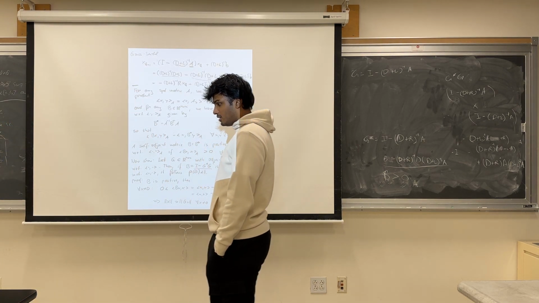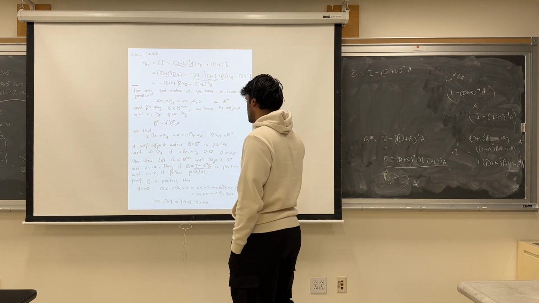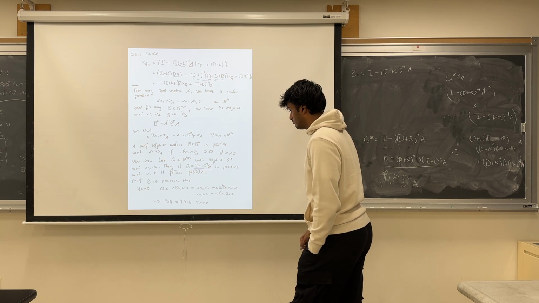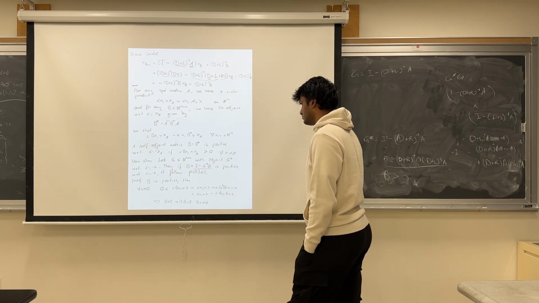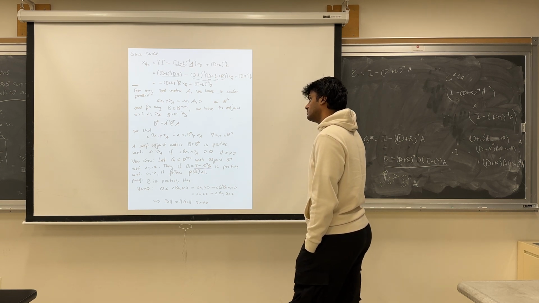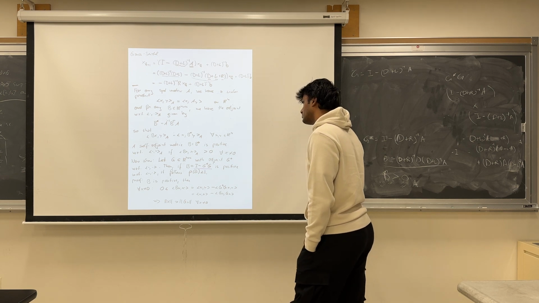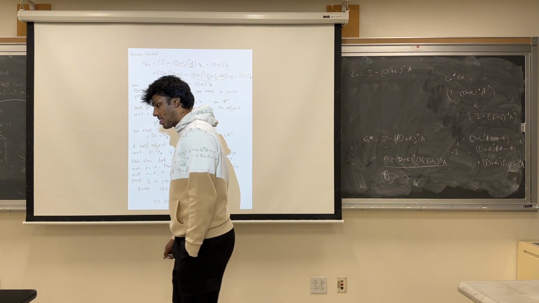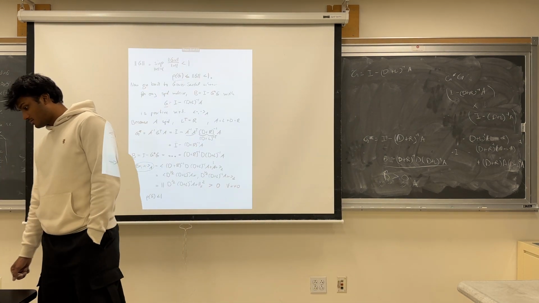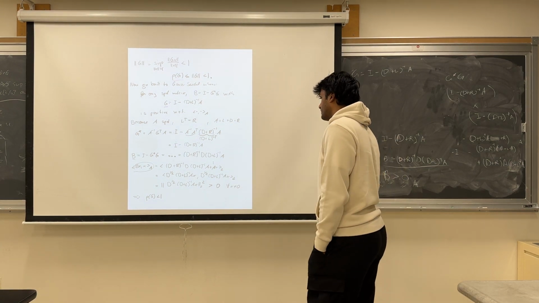But then we define positive for the A inner product, right? Rho of G is less than 1.